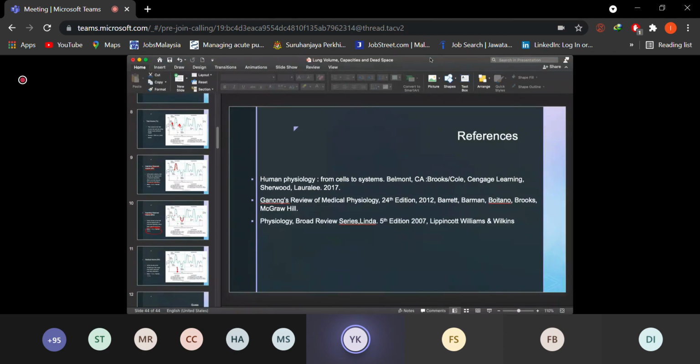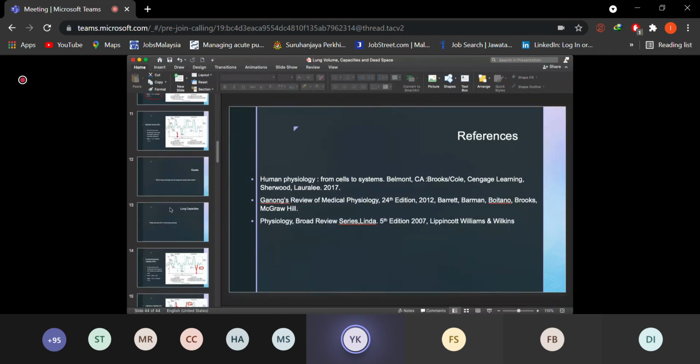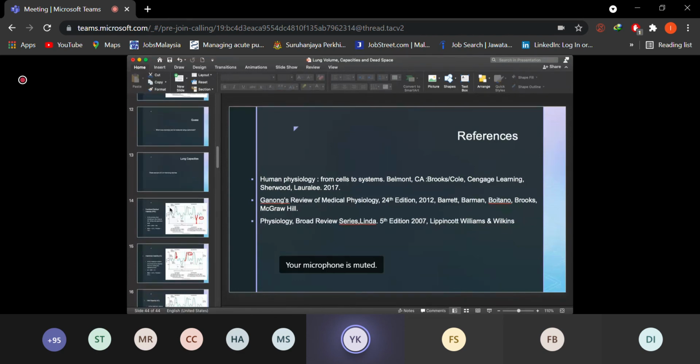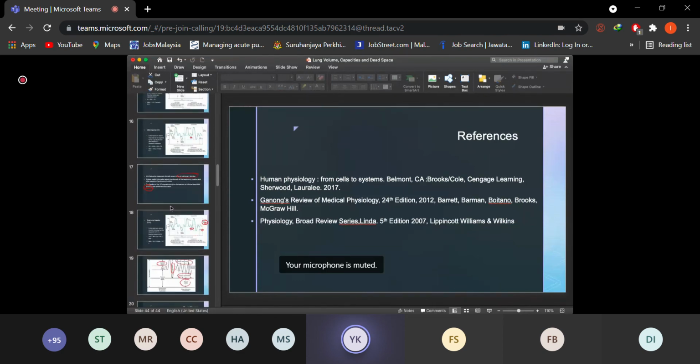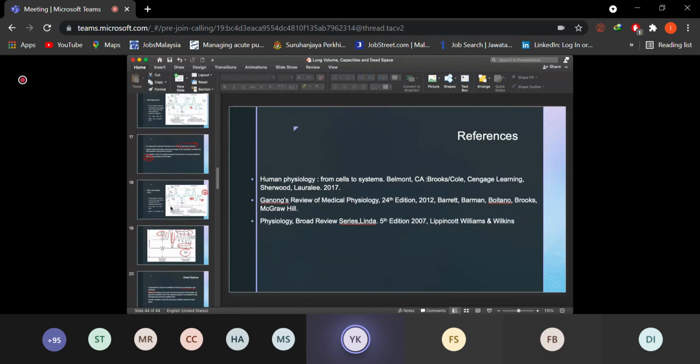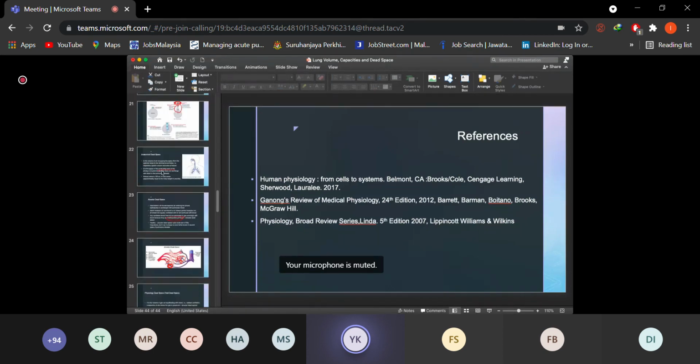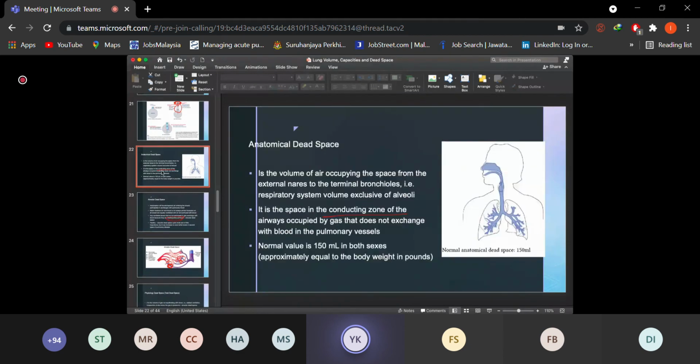Next, after you know the lung capacities and lung volumes, is dead space. There are three: anatomical dead space, physiological dead space, and alveolar dead space. Anatomical dead space is very simple, from your nose up to the terminal bronchioles.